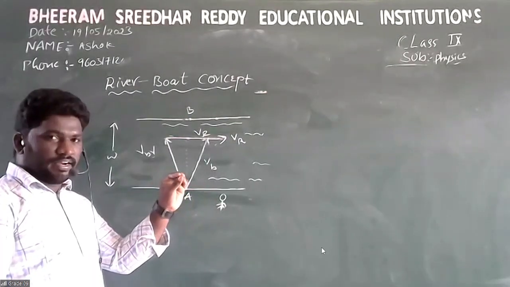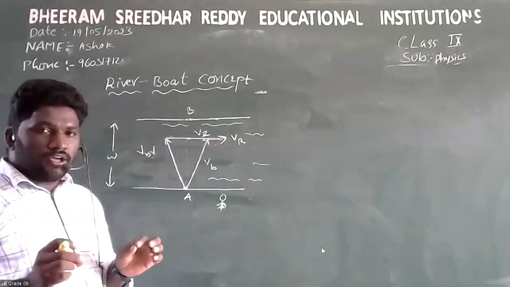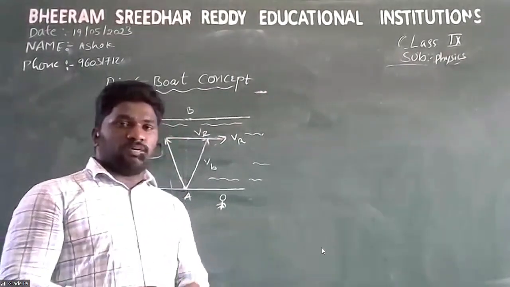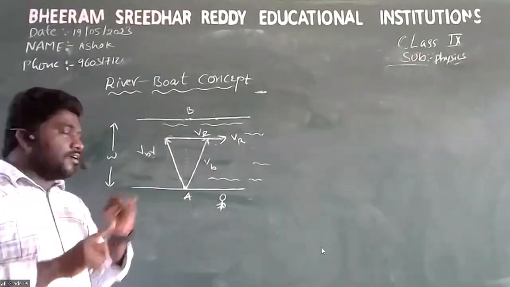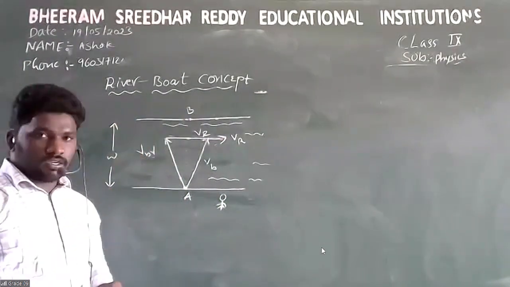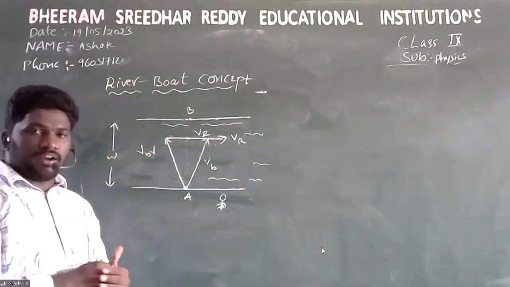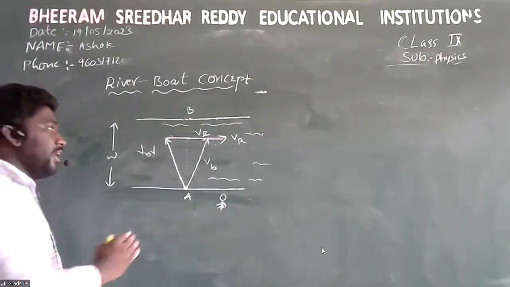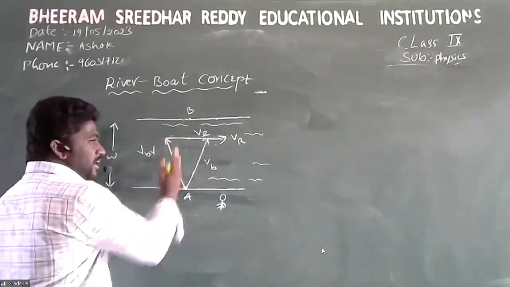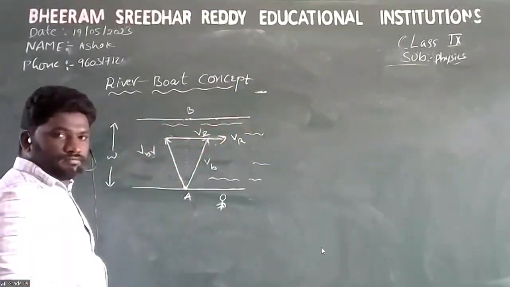Once again, I'm explaining the directions of these three things. You have to keep them in mind while doing problems in the river boat concept. The first one is the velocity of the river. The second one: to reach the just opposite point of the river, initially you have to start the boat in a direction like this one. If you start in this direction, the boat will reach in this direction due to the flow of water.